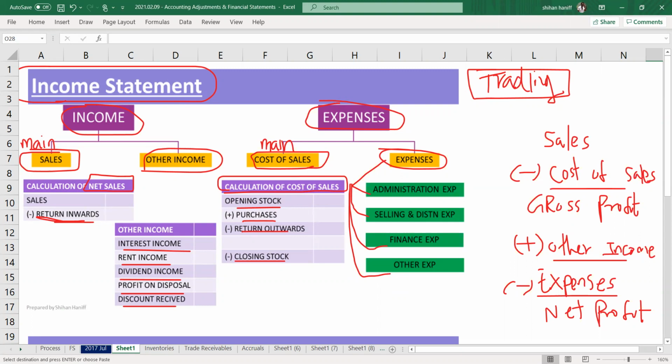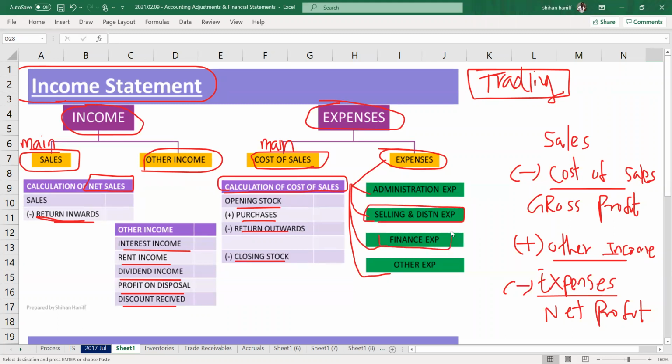Selling and distribution expenses means expenses related to sales and distribution: advertising costs, carriage outwards, bad debt, doubtful debt, sales commission, showroom rent, motor vehicle depreciation, motor vehicle maintenance. Those are selling and distribution expenses.